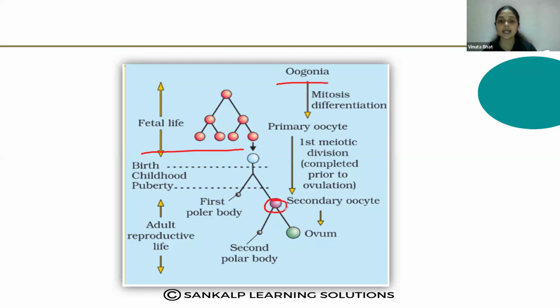The secondary oocyte is released by the Graafian follicle and reaches the fallopian tube. During fertilization, when the sperm penetrates the secondary oocyte, it completes the second meiotic division and the release of the ovum takes place.